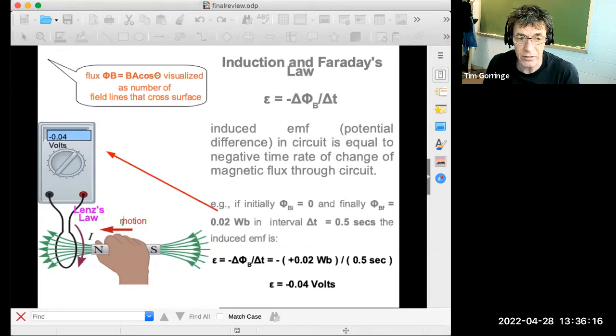That induces an EMF and a current in the long solenoid that you see in that. And so that's what we call transformer EMF.